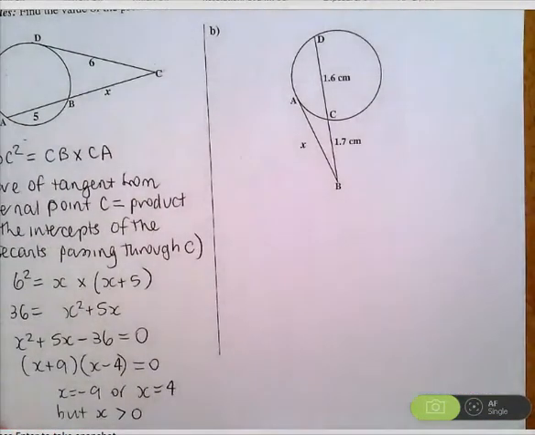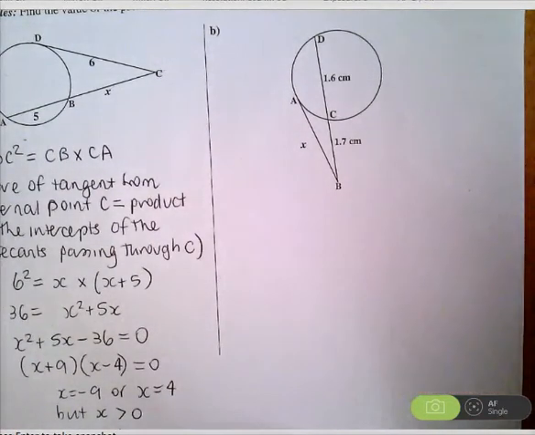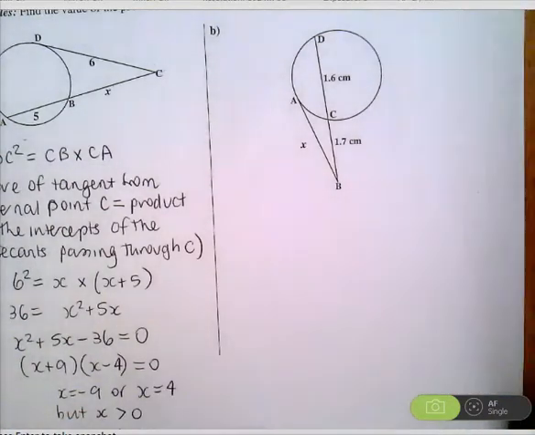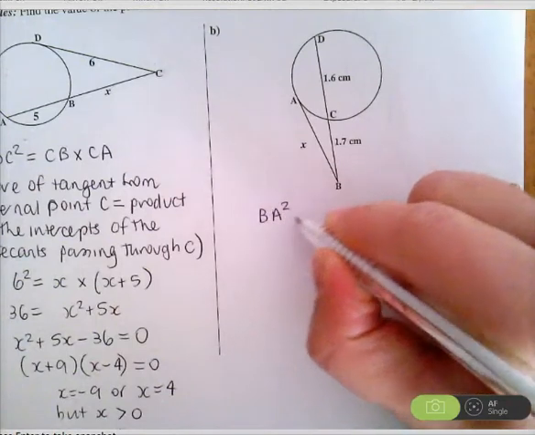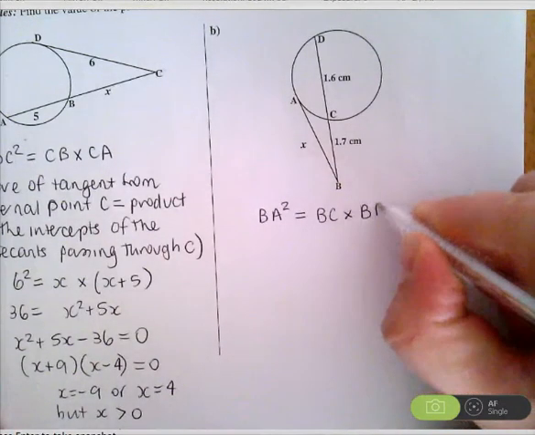Okay, this is our very last example. We've got that BA is the tangent, and the secant intercepts are BC and BD. So we know that BA squared is equal to BC times BD.